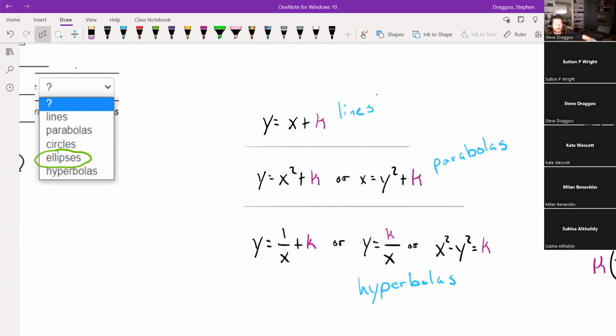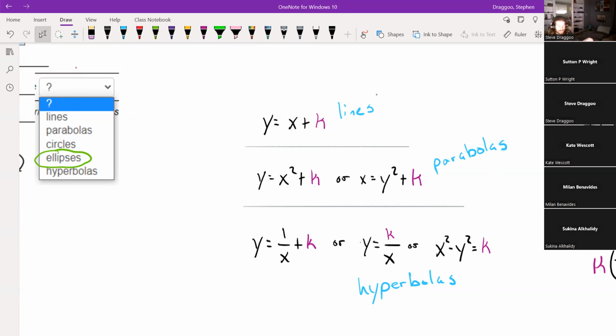So all 3 of those are classified as hyperbolas, and they have the characteristic that there are non-linear terms involving x and y, and they're combined in some way.